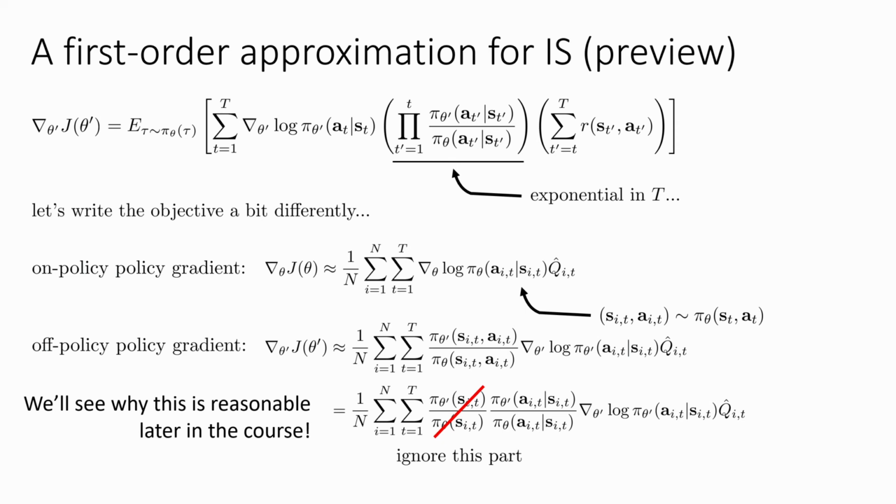Would you mind elaborating on the pi theta prime divided by pi theta? Would you mind giving an example for that? This? Yeah. So this is basically using importance sampling to estimate this quantity. This quantity is the policy gradient whenever s_i,t and a_i,t are drawn from the state-action marginal.